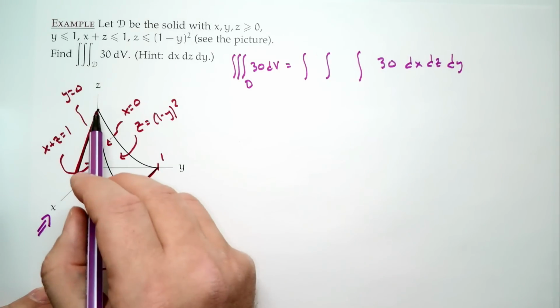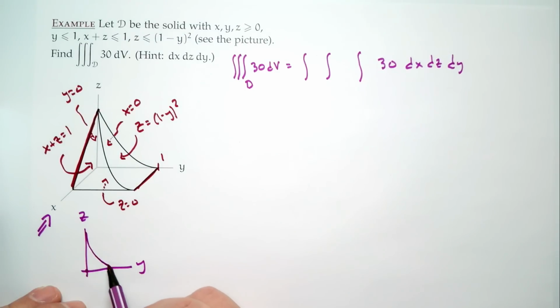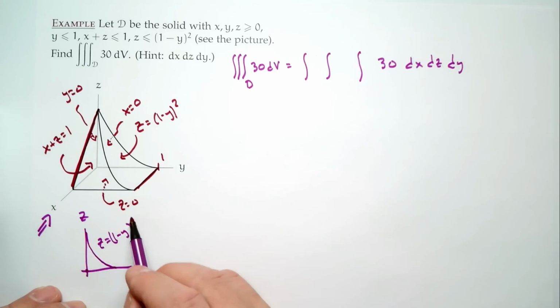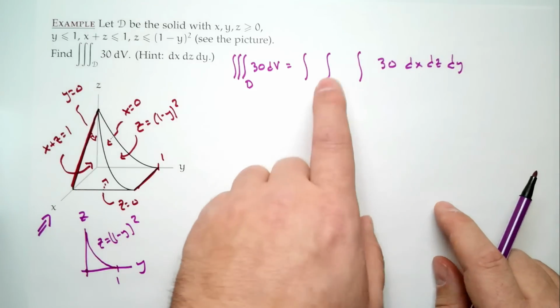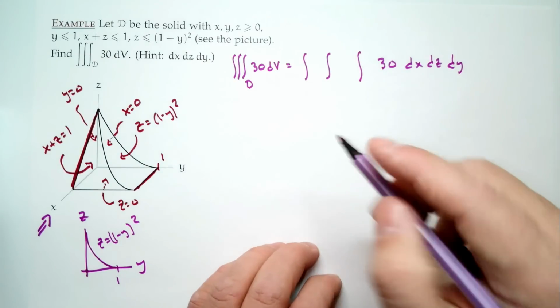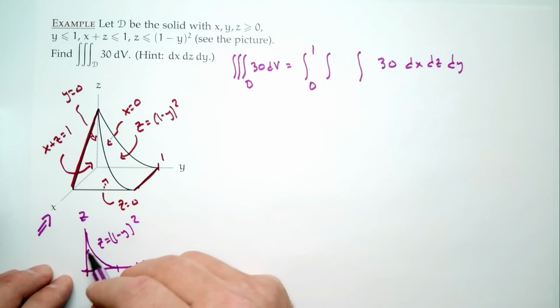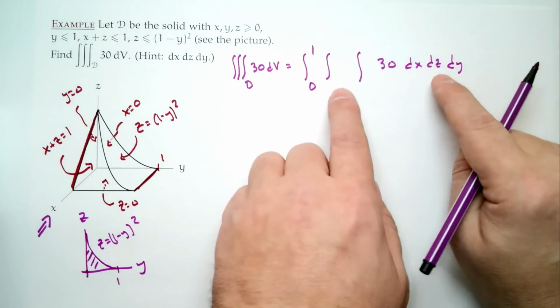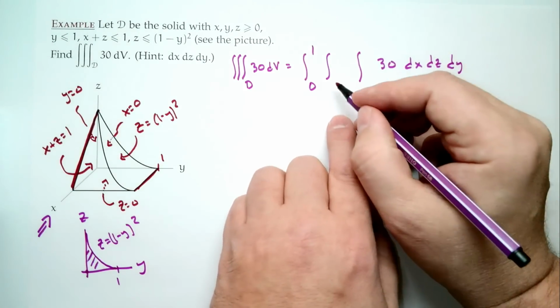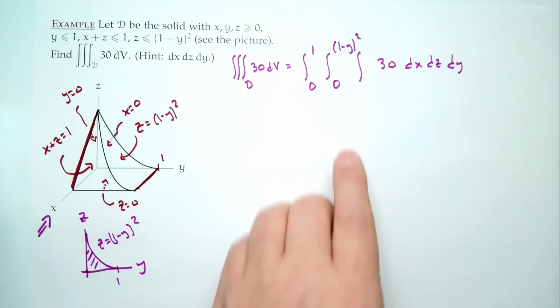And what we'll see is this curve, z equals 1 minus y squared. So now we can start labeling things. Where does y go from? 0 to 1. All right. Where does z go from? 0 to 1 minus y squared.